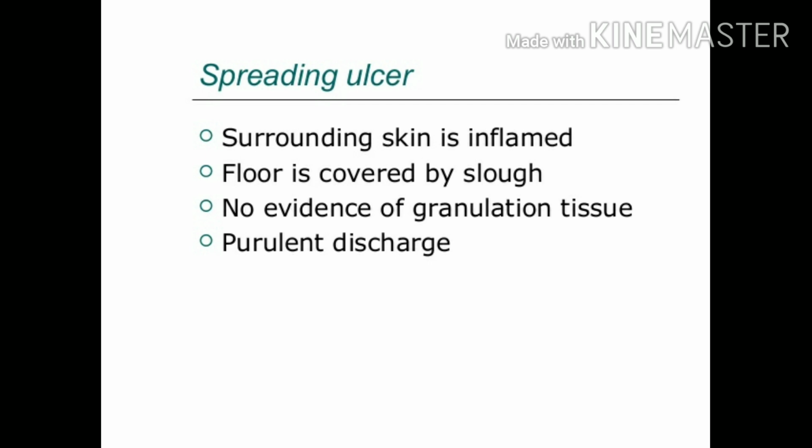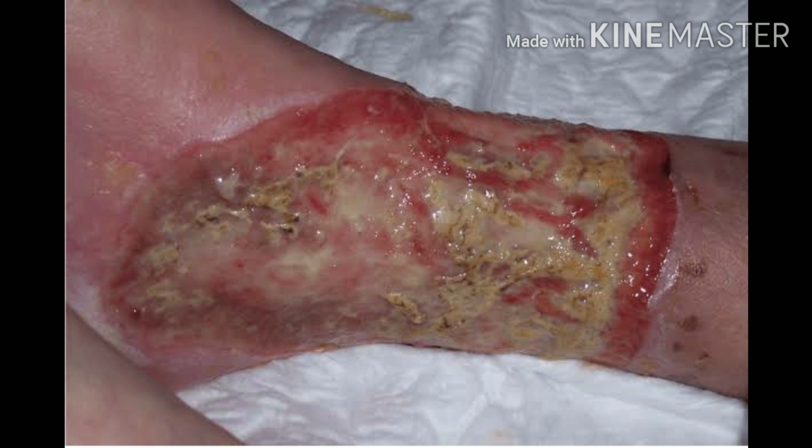I will show a few diagrams which will help you to understand it better. In this picture you can see an ulcer which is covered with yellowish necrotic material which is called slough, and you can see the exudate which is discharge coming out of the ulcer.